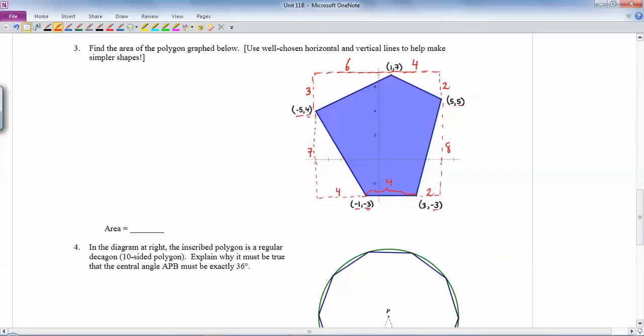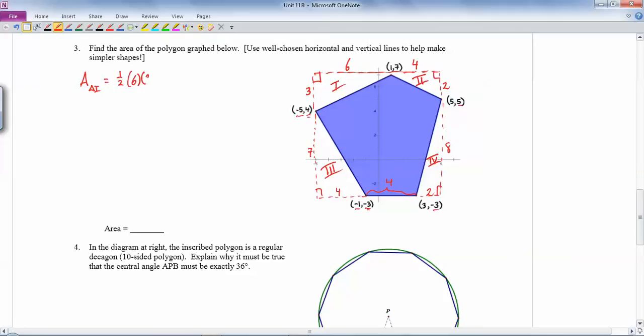So generally speaking, we've got a big rectangle and we can get rid of 4 triangles around it. And if we do that, we're left with the pentagon in the middle. So I'm going to label these triangles 1, 2, 3, and 4. And so if we look at the area of triangle 1, well, that's just half base times height. And since these are right triangles, because they're slope triangles, the base and the height are the 3 and the 6.